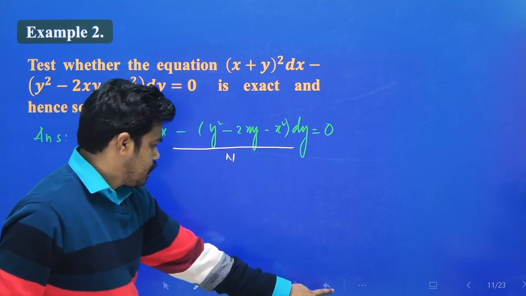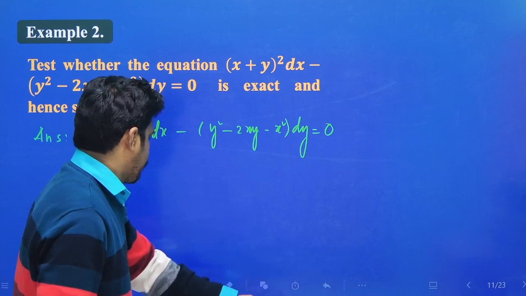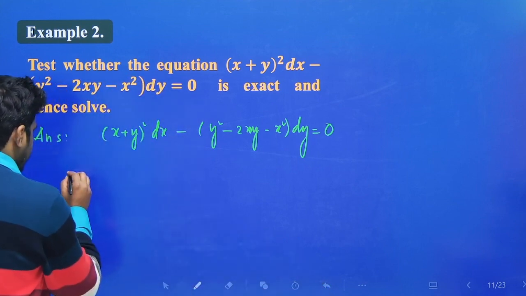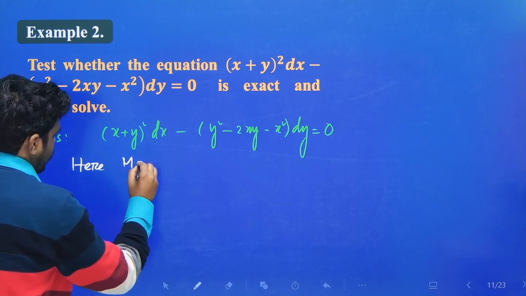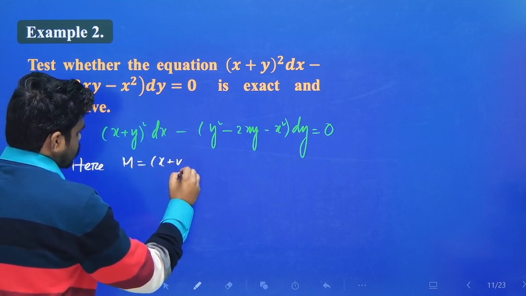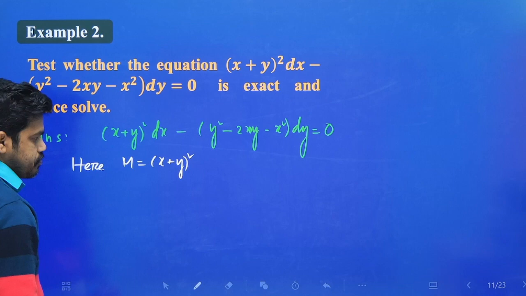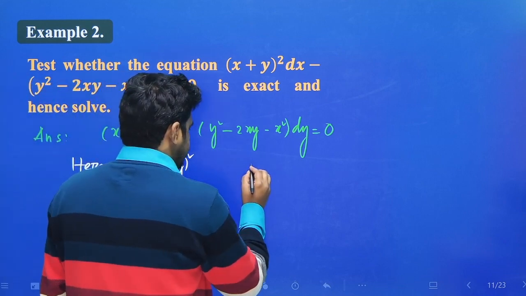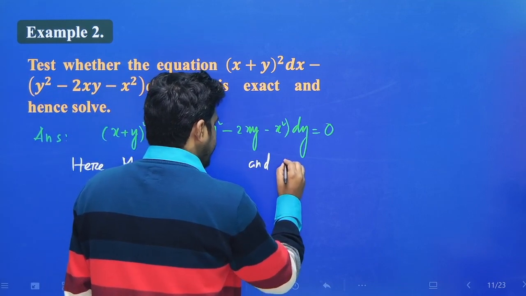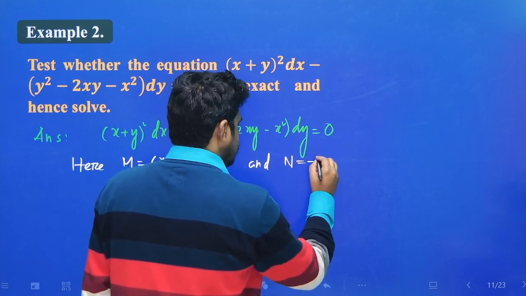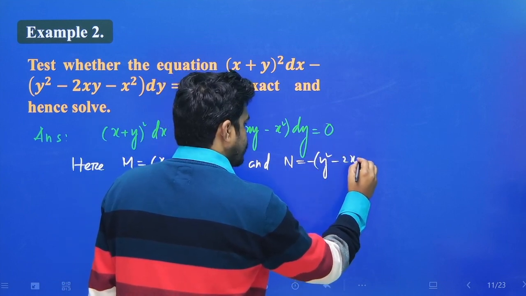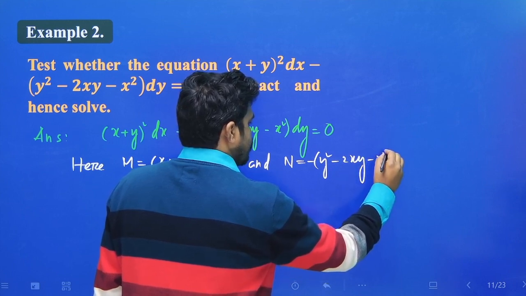Okay. So here M is (x plus y) whole square, and N is, sorry, minus (y square minus 2xy minus x square).